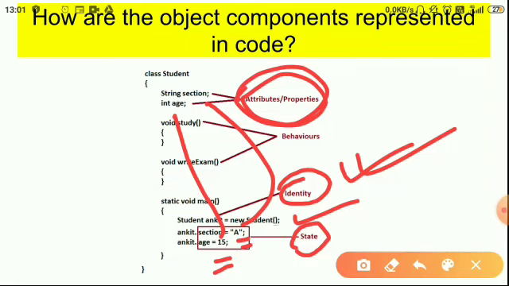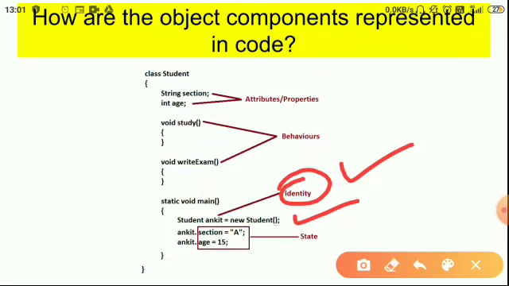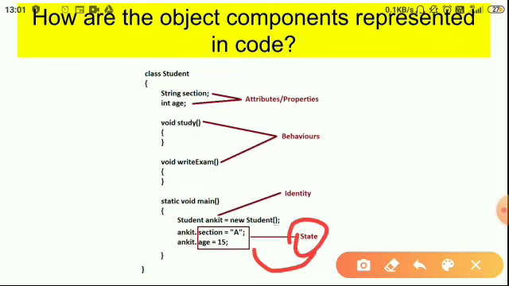In other words, state is associated with the actual object, that is Ankit. This is the state, the values a and 15 being assigned to section and age.